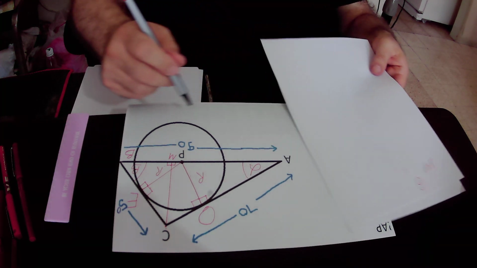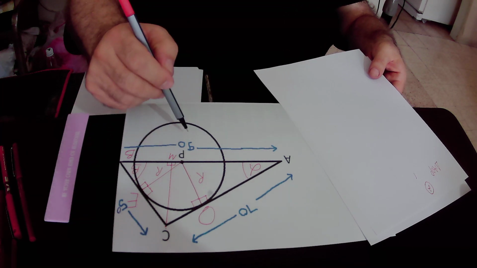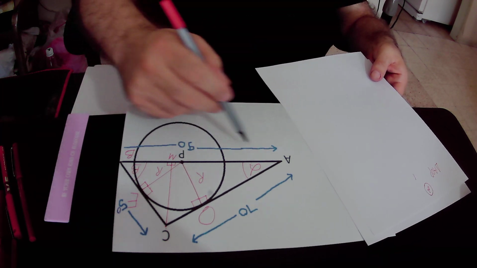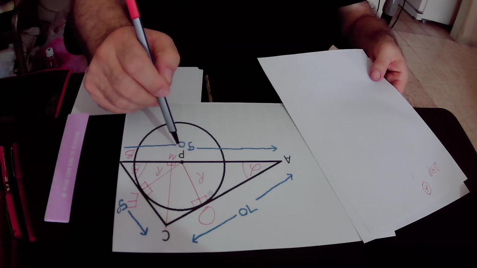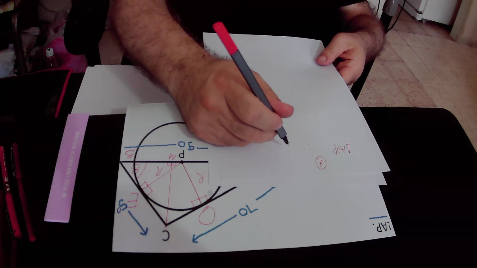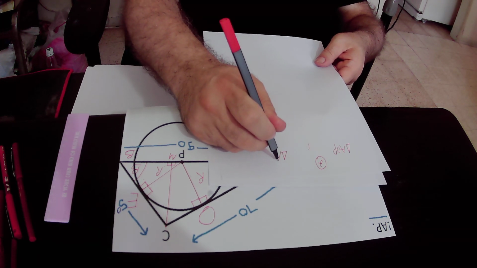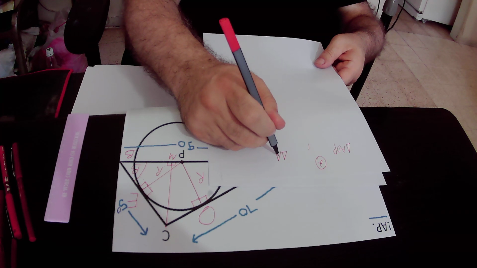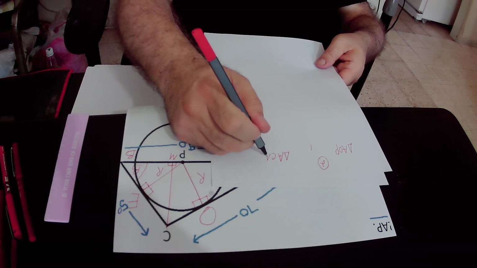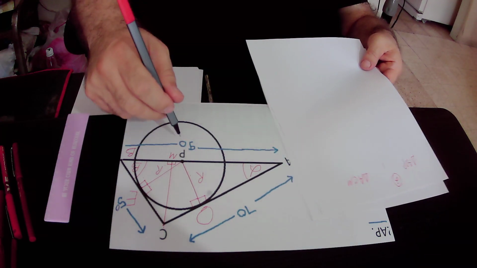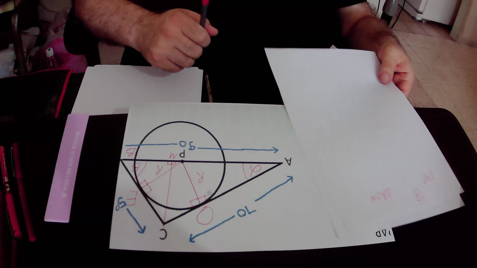And also we will focus on triangle ACM. ACM, that is a right triangle. Triangle ACM is a right triangle. This is the second right triangle that we will focus on. The right triangle ACM, and the right triangle AOP.